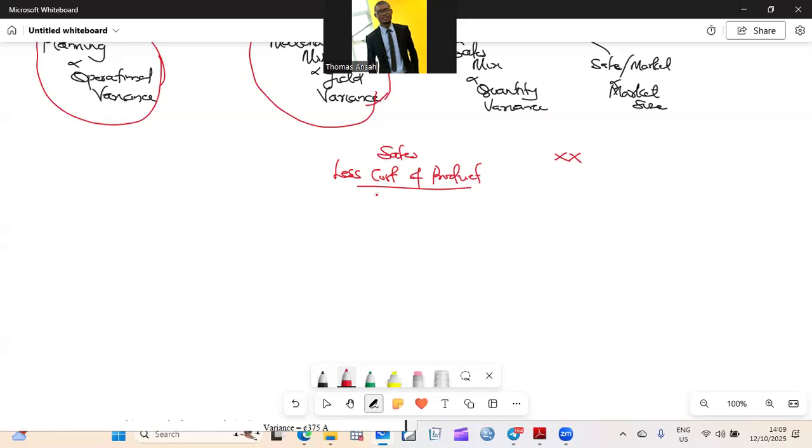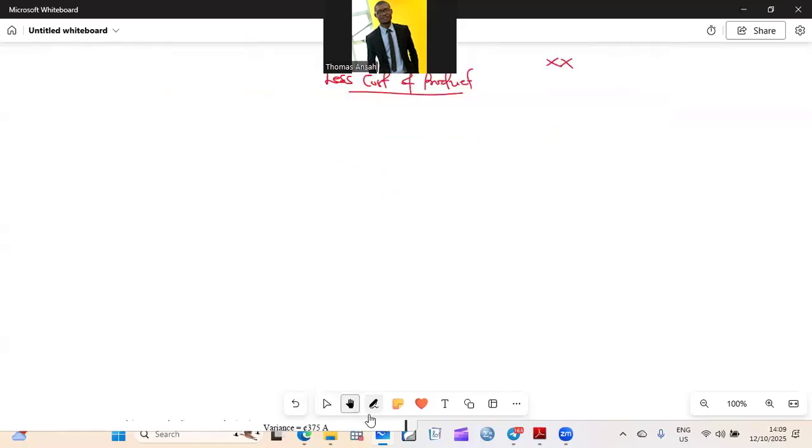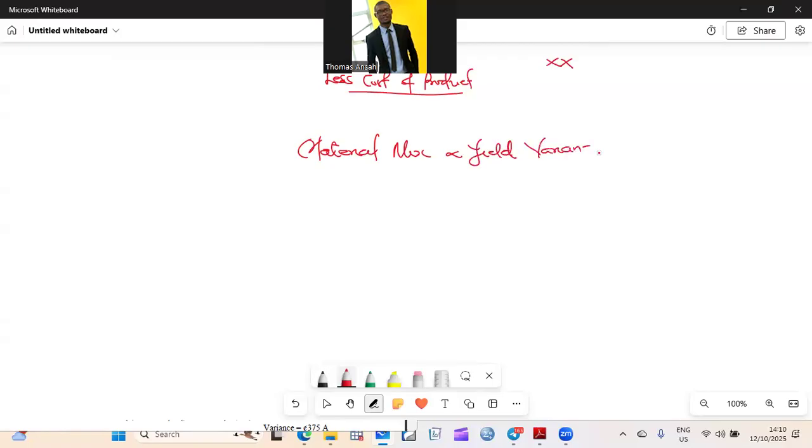You need material, labor, and some overheads to incur. So when we are looking at the material mix and yield variance, like you've seen already, we are looking at material usage.